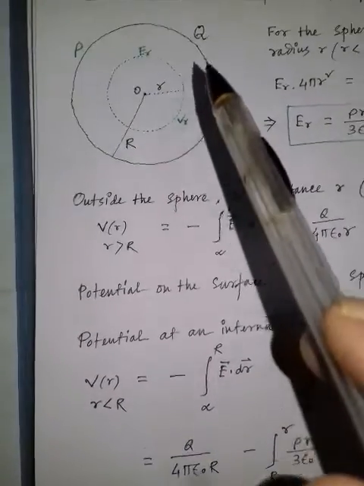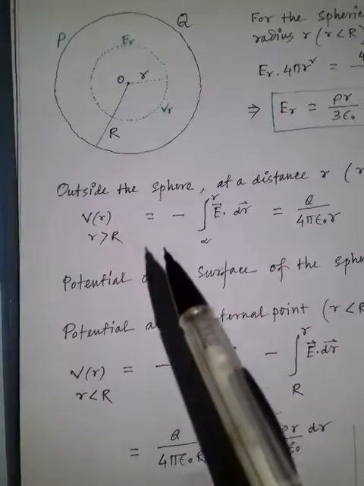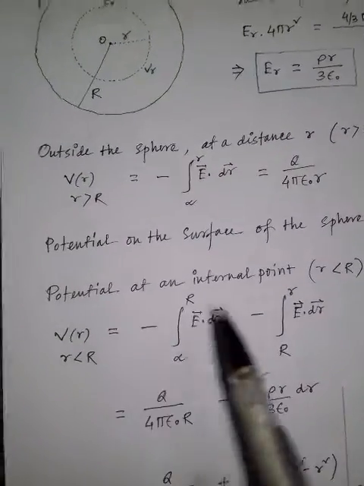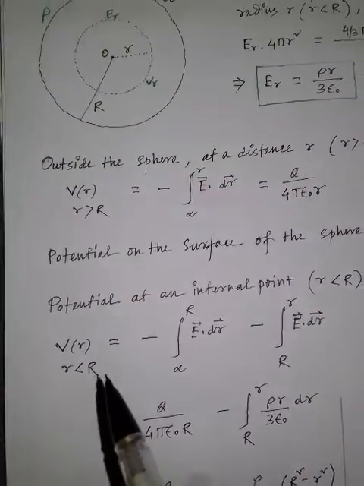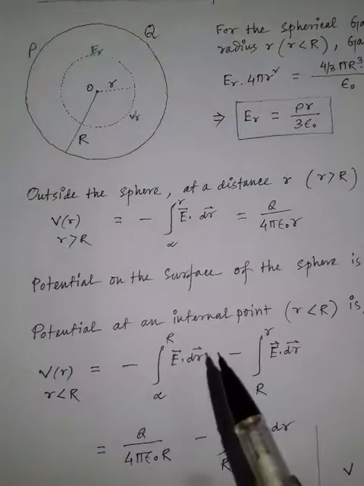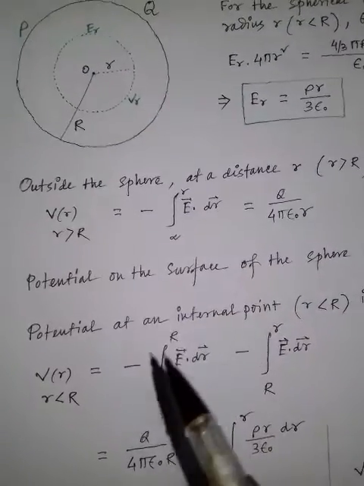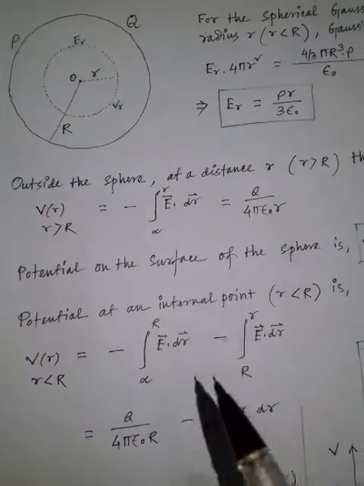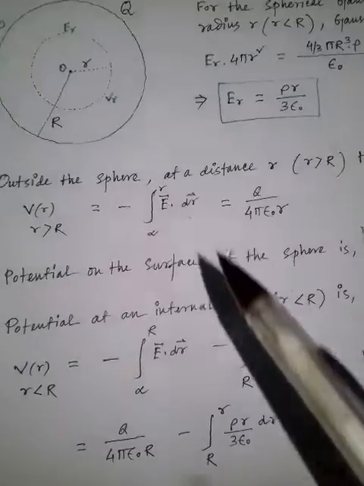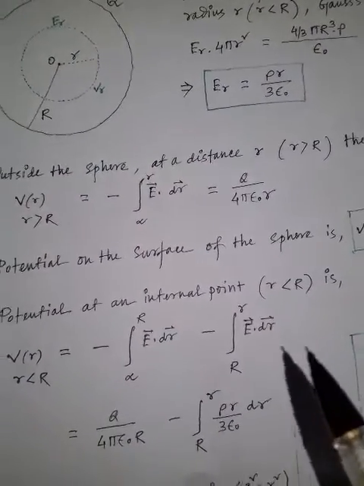Thus the potential at an inner point, where r less than capital R, is equal to minus integration of E dot dr from infinity to capital R, which gives the potential of the surface, then minus integration from capital R to small r of E dot dr.